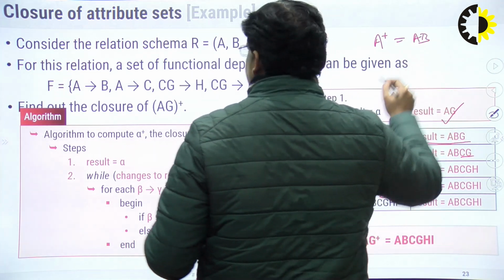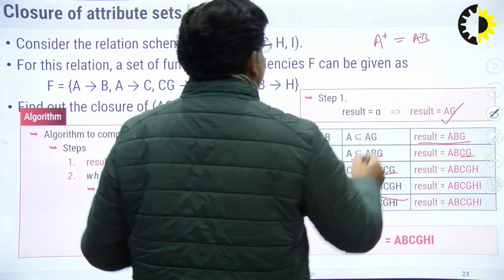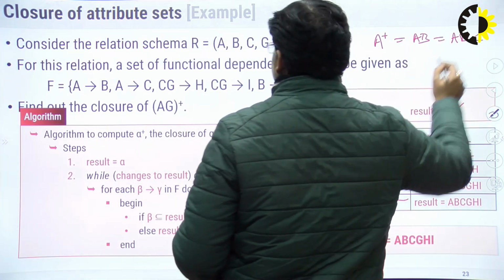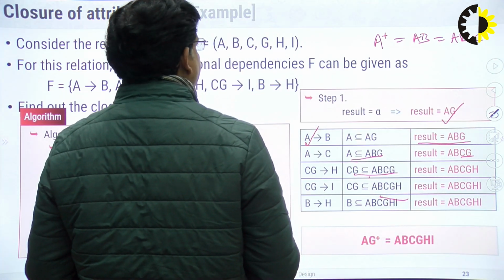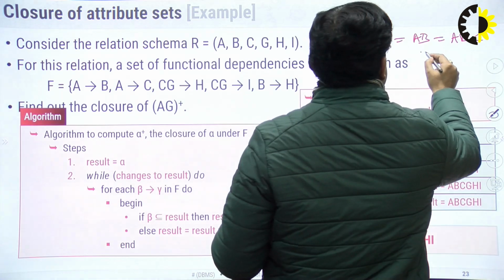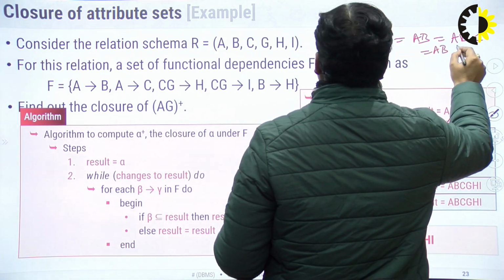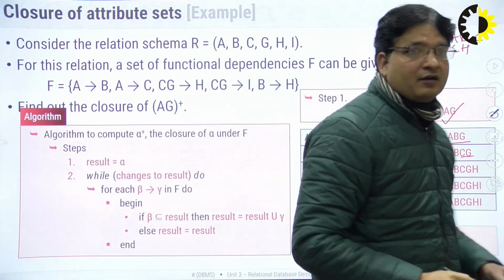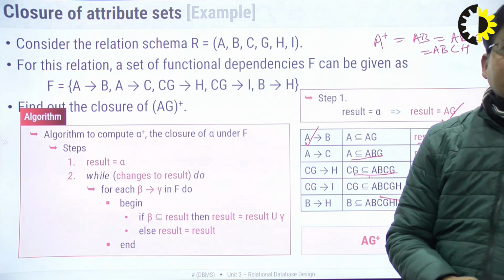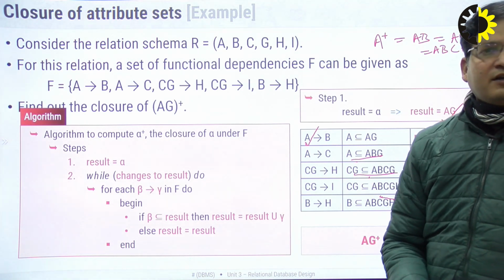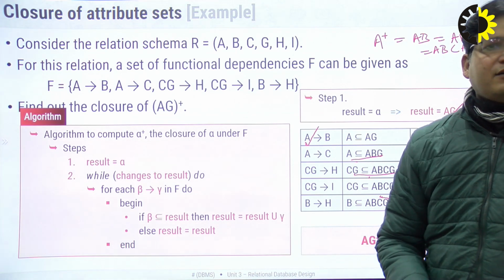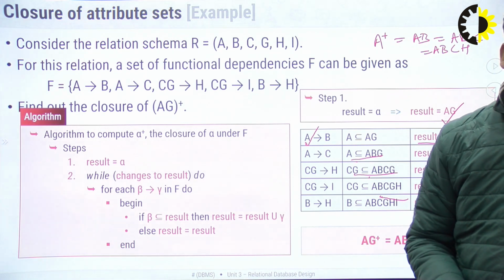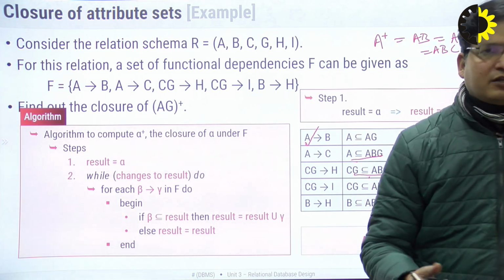Next, A is also a subset of this, so it becomes A, B, C, and also A, B, C, H. The closure of A is A, B, C, H. No longer can we add more attributes, so A is not a candidate key.